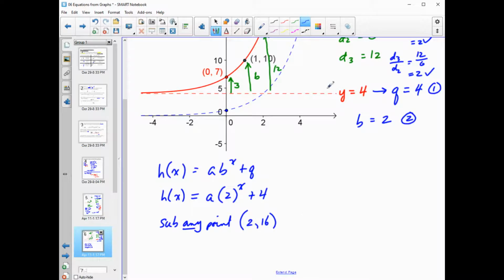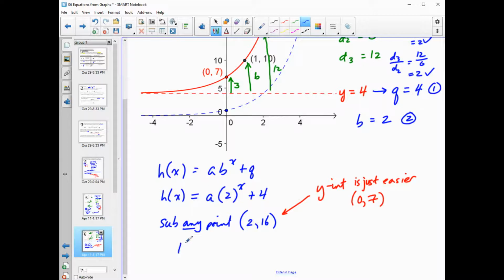The y-intercept is just easier, okay? It's not better for any reason other than the fact that it has an x-coordinate of 0, and anything to the 0 gives us 1, and that's very convenient.